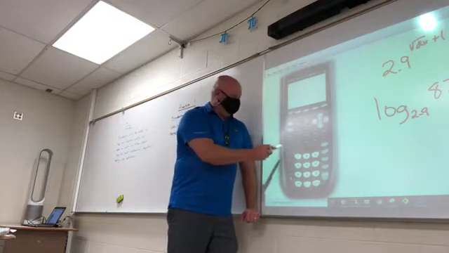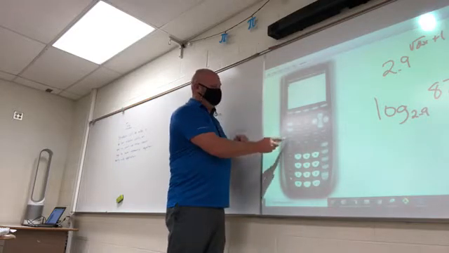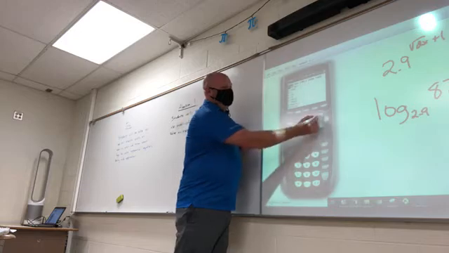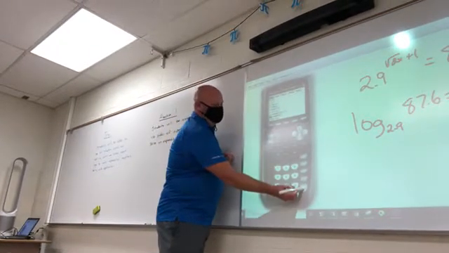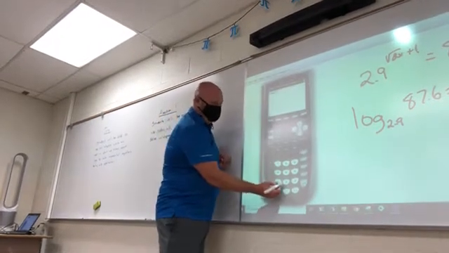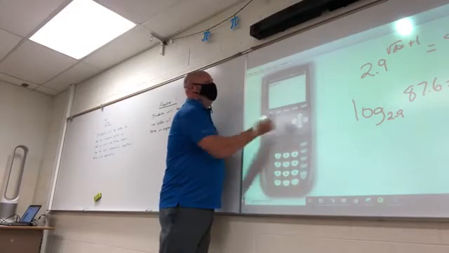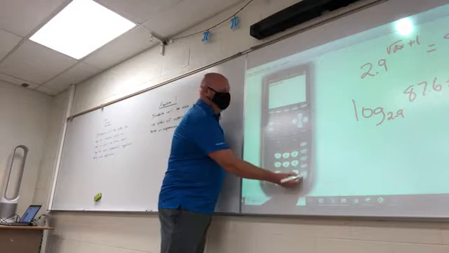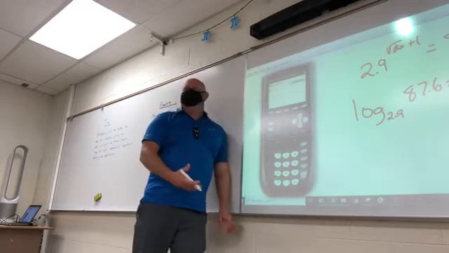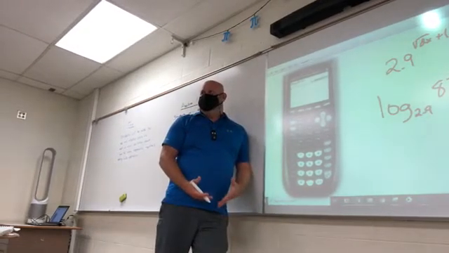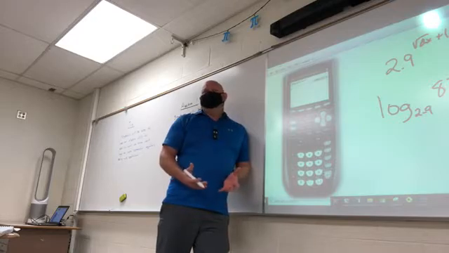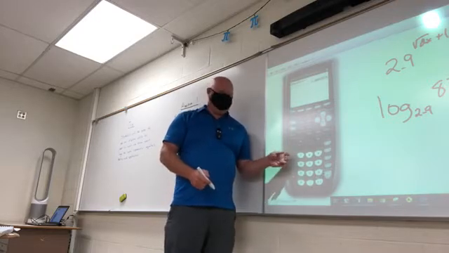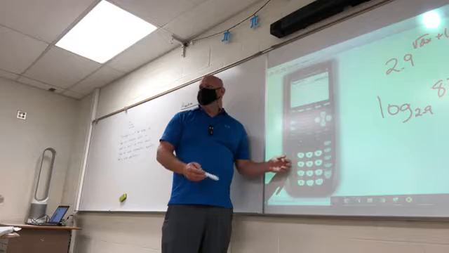If you have one of these calculators, you can do that whole math base or log base, type in your 2.9, go over 87.6. That's one way. That's kind of the non-thinking approach. What's the easier way to type in your calculator, though? Using the common or the natural log buttons.